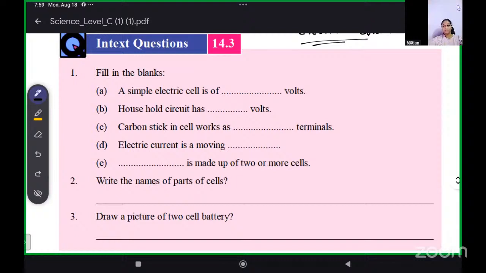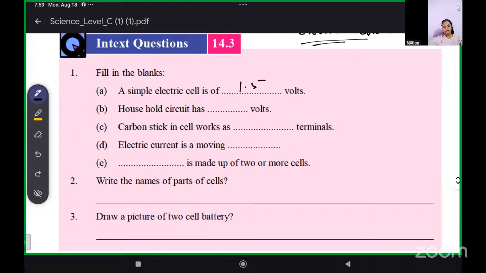Can you hear me? Yes, ma'am. A simple electric cell is of dash volts. I think 1.5, right? Yes, 1.5.